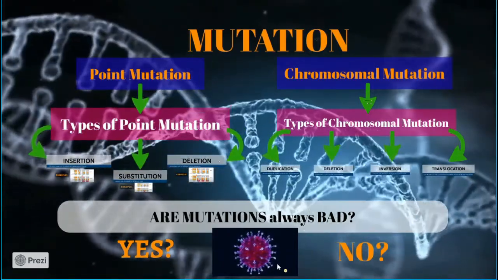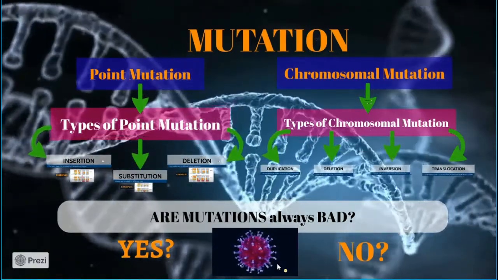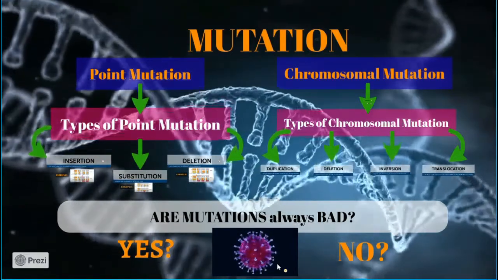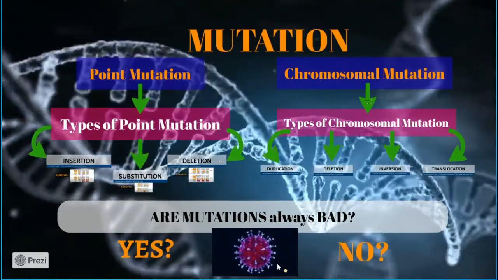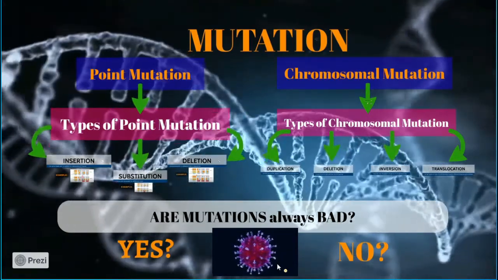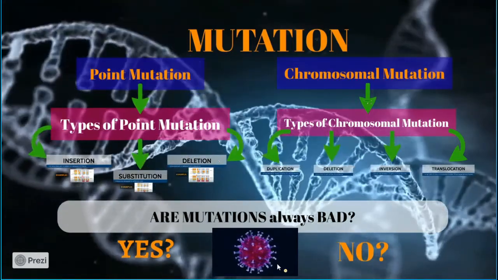Okay, another example of the significance of mutation is lactose intolerance or lactose tolerance. When you are lactose intolerant, it means you can't digest lactose.